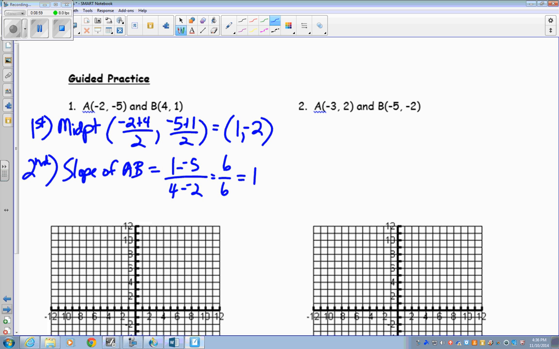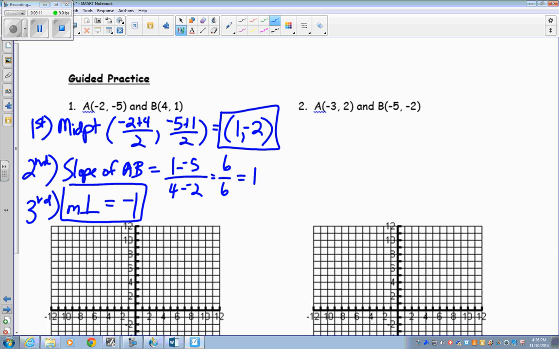But for a perpendicular bisector, we are going to use perpendicular slope, which is negative 1. So I'm going to focus on my perpendicular slope and my midpoint to come up with the equation of that perpendicular bisector.